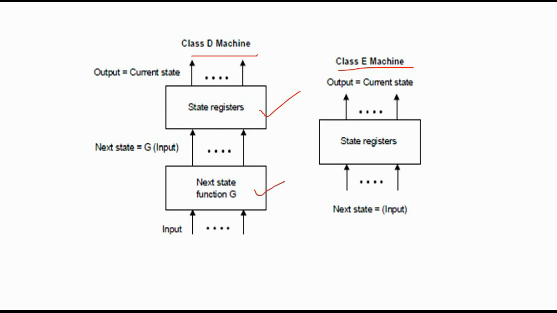We just have inputs and you get the output through the state registers, that means output equals current state. And in class E machine, you do not require a next state function. The next state input itself is the input to the state registers, and you get the current state of the registers directly as output. These are the differences between class A, class B, class C, class D and class E.